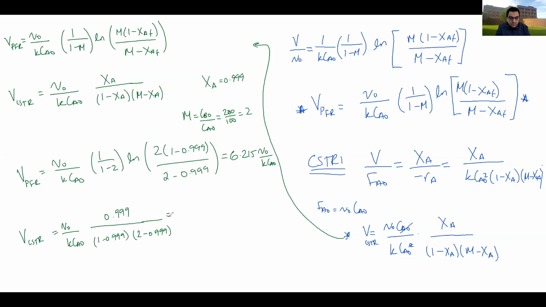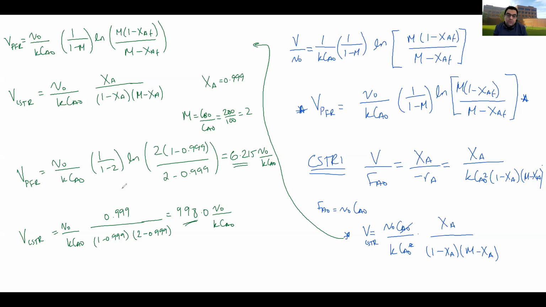And in this case, I'm going to get a very large number actually, and this is 998.0 V naught over K CA naught. Okay, so from this, it's clear that the PFR will give me the much smaller volume, right?